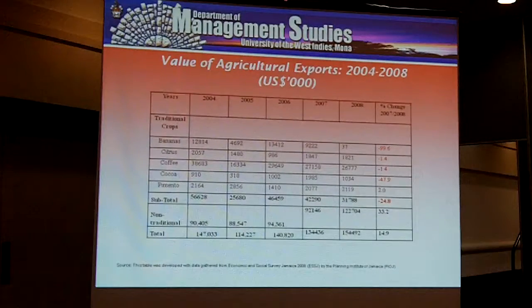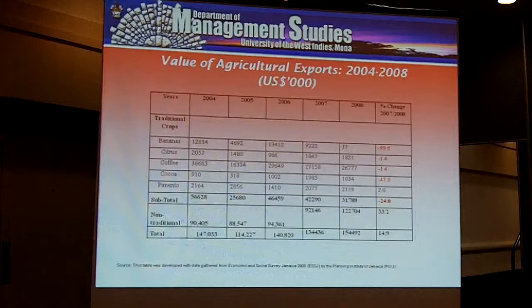So every crop has to have a different strategy to grow it because of the special problems that those crops may be having. Cocoa, most farmers have abandoned their fields because of the lack of revenue generated from that. And we're beginning to see the same issues now with coffee. Interestingly, Jamaican coffee is the gold standard for coffee.